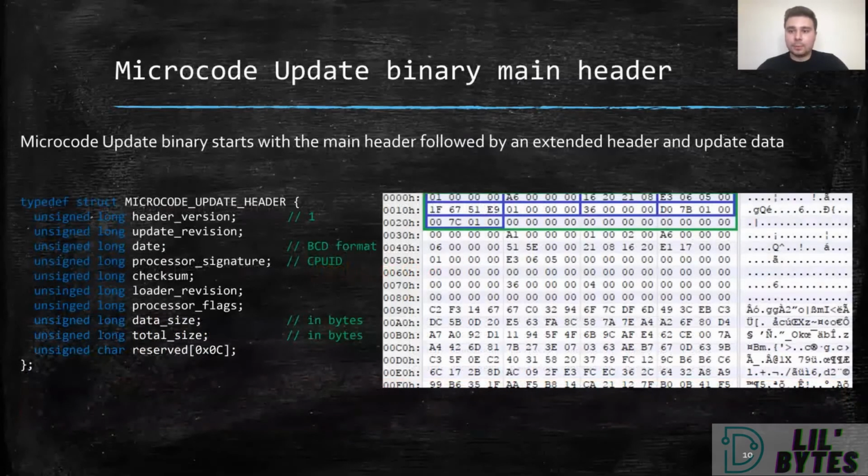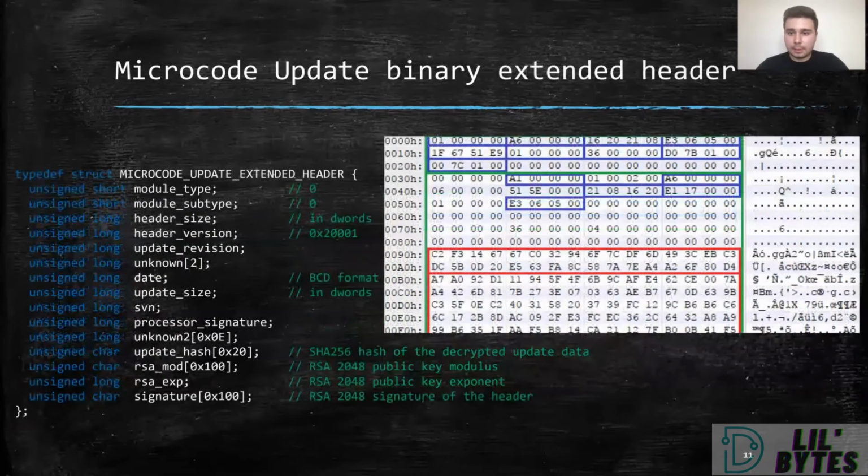Now let's see what a microcode update binary looks like. It starts with the main header containing such fields as a version, date, CPU model code, a processor signature, in other words, checksum, etc. This header is followed by an extended header. This is the extended header structure.